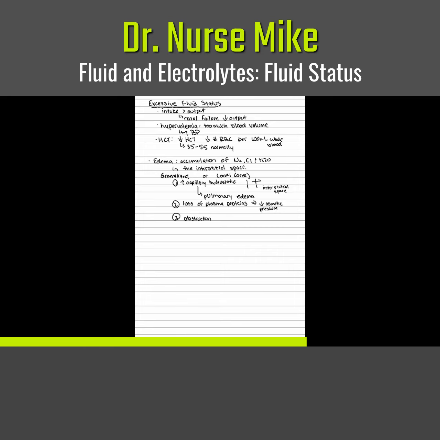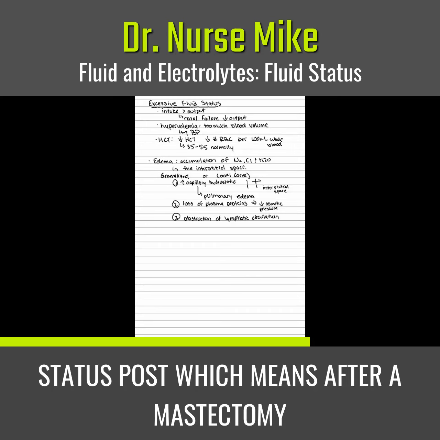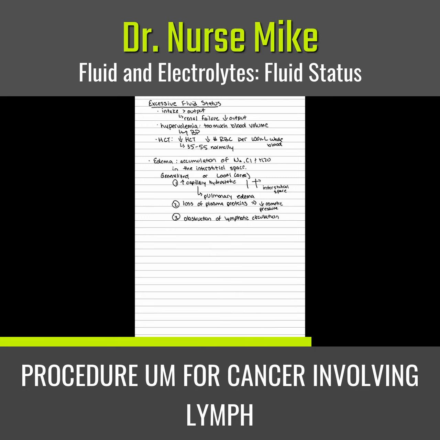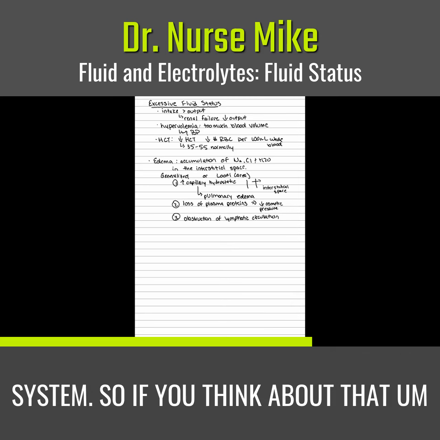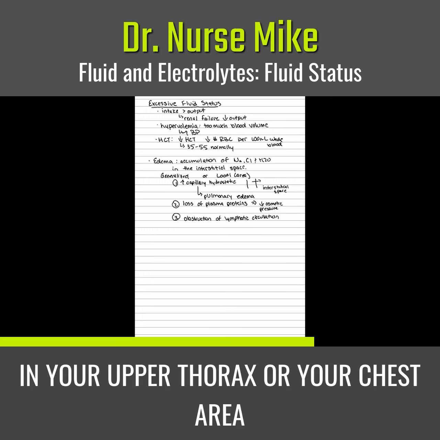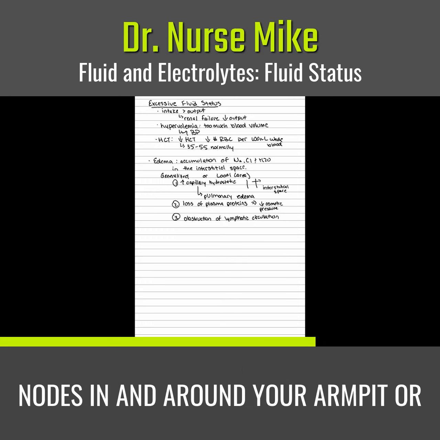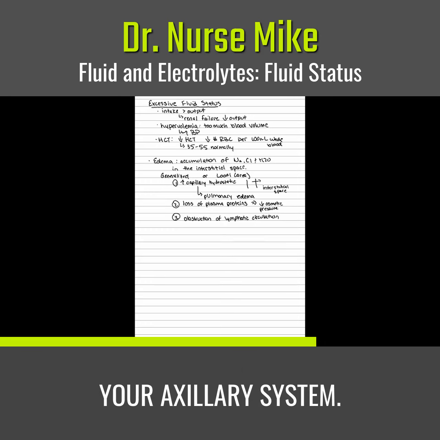The third cause of edema is an obstruction of lymphatic circulation. You'll see this most often status post, which means after, a mastectomy procedure for cancer involving the lymph system. As lymph collects in your arm and upper thorax or chest area, it's filtered by lymph nodes in and around your armpit, or axillary system.